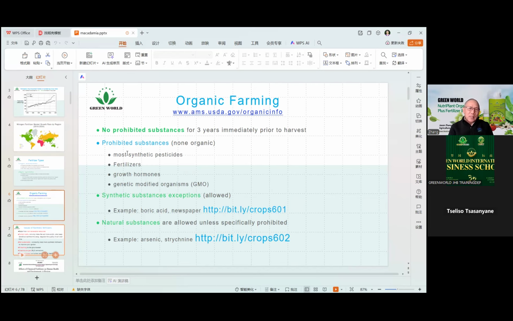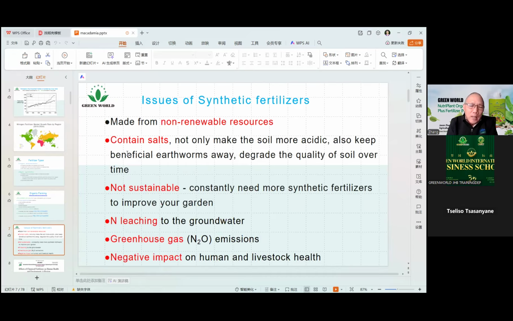So this is the conventional fertilizer problem. We call them synthetic fertilizers. They have a problem mostly because we use too much in the soil. This is not happening in Africa.